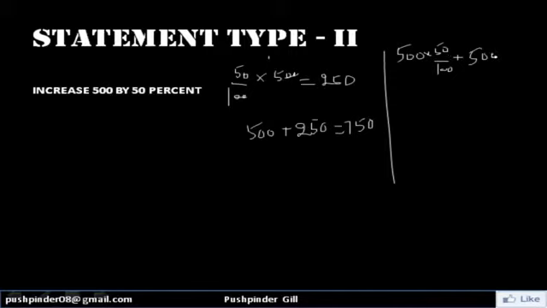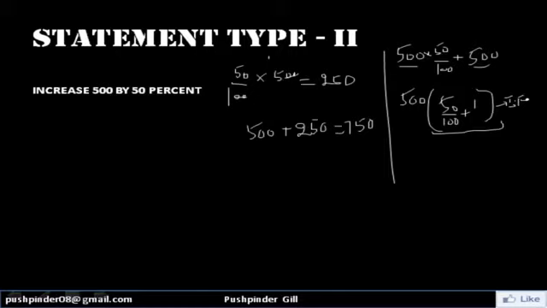So what if I take 500 common out of both terms? I get 500 times 50 by 100 plus 1.